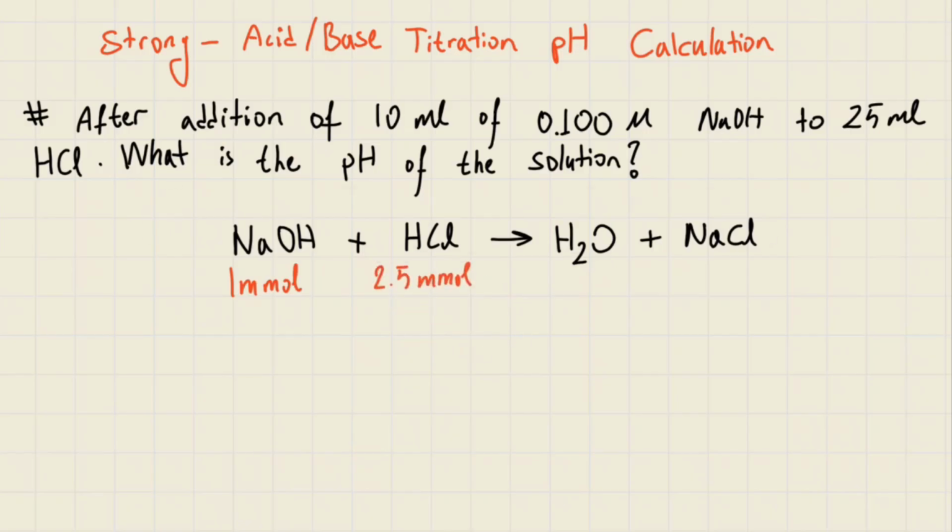If these two react with each other, definitely sodium hydroxide is our limiting reagent, which means that sodium hydroxide will be depleted first. So we will deplete all the sodium hydroxide, we will deplete 1 millimole of the HCl, and we will create water and sodium chloride.